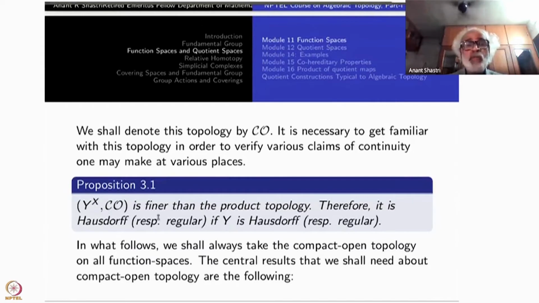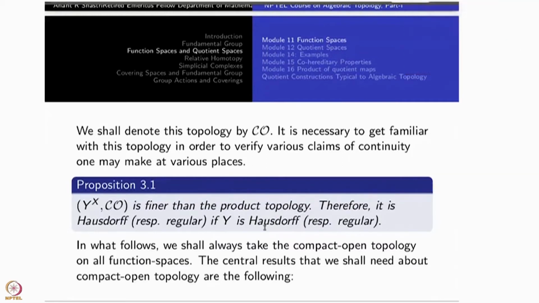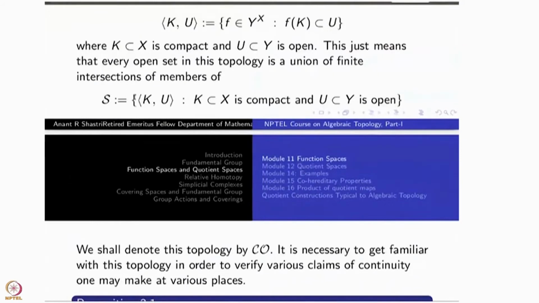So I have to see why this is finer than the product topology. To see that, you see a single point is always compact. Therefore, in this collection here, the sets with single point comma U are already there. And what are those?